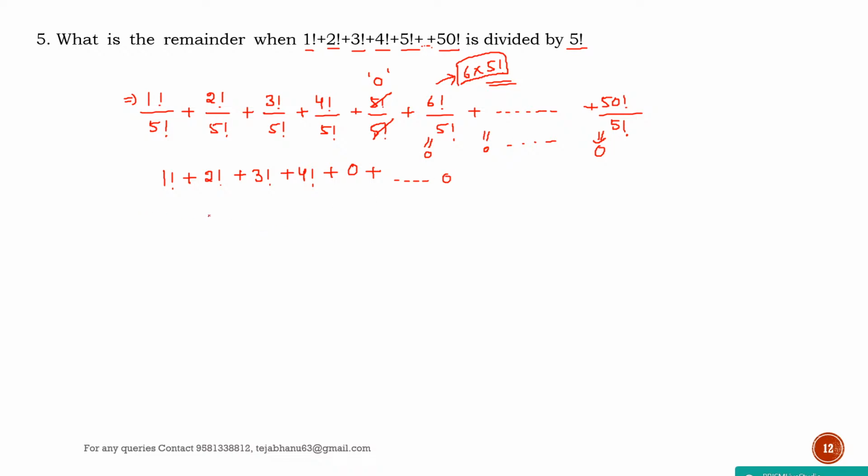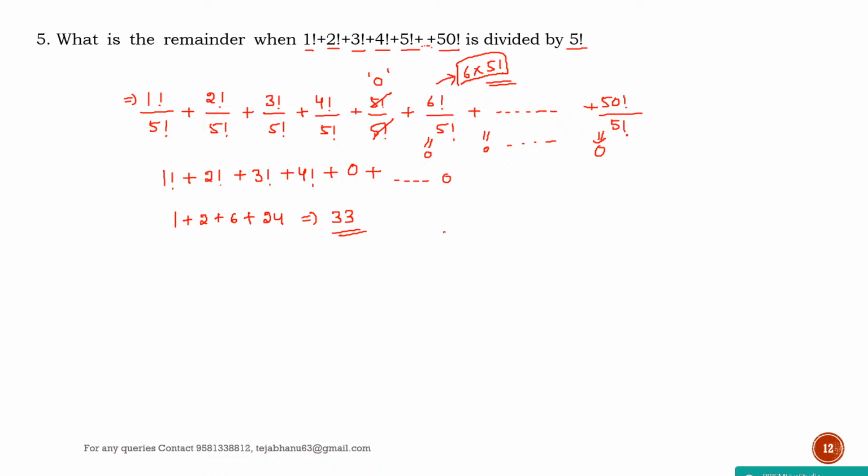Now, concentrate here. 1 factorial is 1. 2 factorial is 2. 3 factorial, 3 into 2, is 6. 4 factorial is 24. So the answer is 24 plus 6, which is 30. 30 plus 2 is 32. 32 plus 1 is 33.